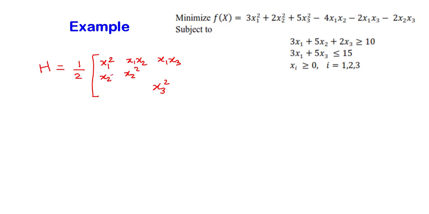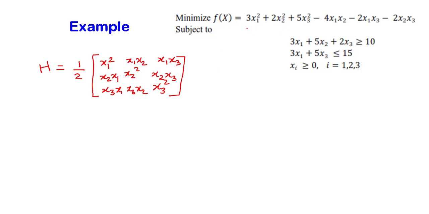Here it will be x2 x1, that is second row first column, and here it is x2 x3. Here it will be x3 x1 and here it will be x3 x2. This is the Hessian matrix case. And how do we decode this equation?